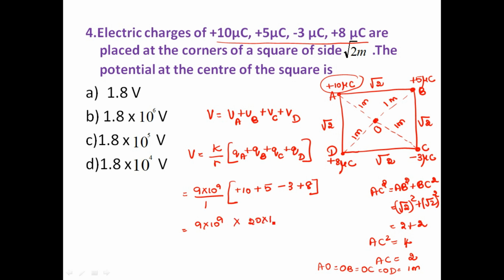It should be in micro, the charge is in microcoulomb. Hence, the answer is 180 into 10 to the power of 3. Or, if we have to match the answer with the 4 options, it is 1.8 into 10 to the power of 5 volt. Hence, the correct option is option C.